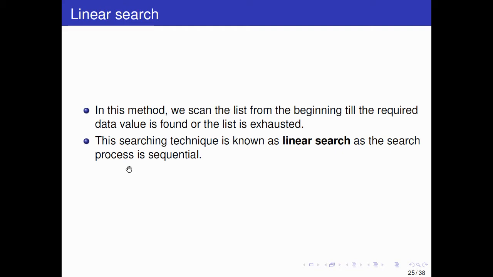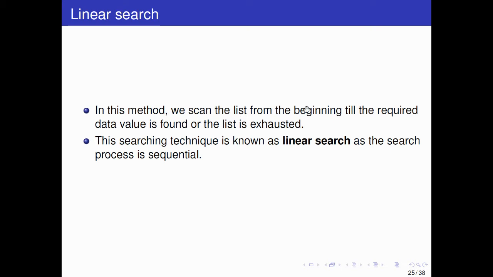That was sorting, where we were arranging the values in ascending order. Now here we will search for a value in the given data. So first see this. In this method, we scan the list from the beginning till the required data value is found or the list is exhausted.